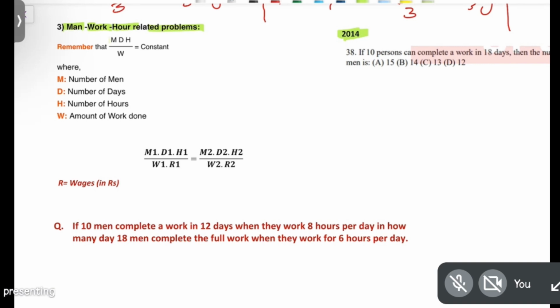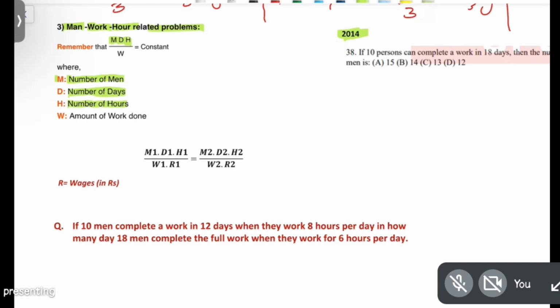So in the formula here, M represents the number of men, T represents the number of days required to finish the work, and H represents the number of hours. Number of hours means, let's say a group of people can finish some work in a certain number of days, working for 5 hours a day or 6 hours a day.